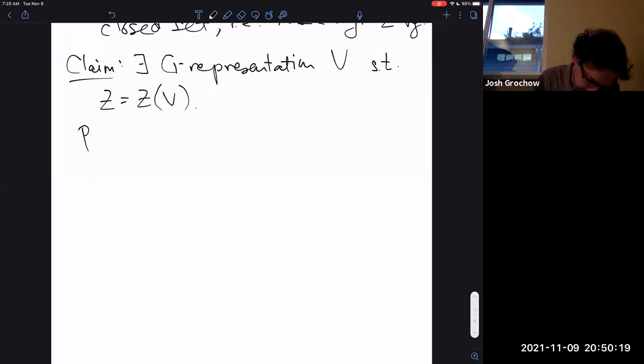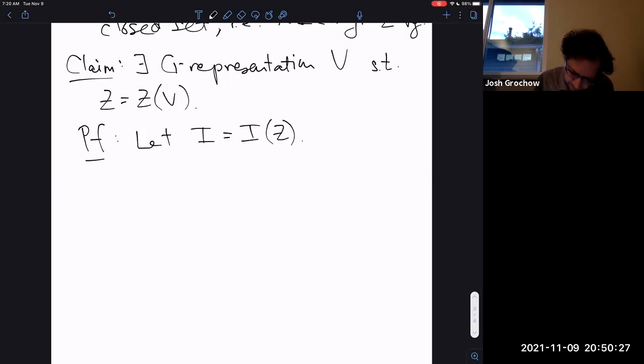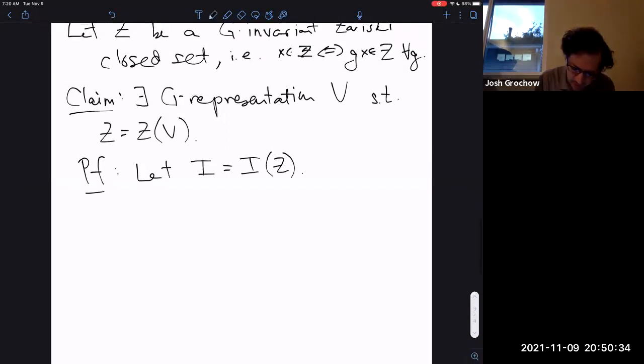Okay. So let's look at the proof. First we say let I be the ideal of our Zariski closed set. One thing to note, because our Zariski closed set is closed under G, that I is closed under G. So first, I is closed under G. Why?